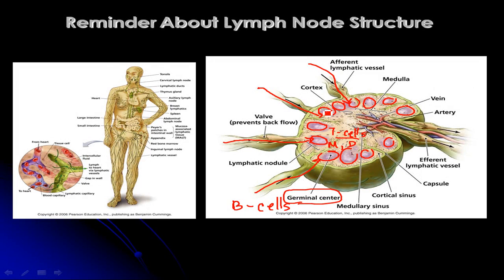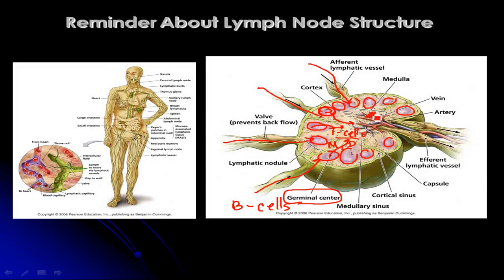Then if your B cells get activated, if they see their antigens, they're going to start migrating this way. They're going to hope to encounter T cells that have been activated by the same antigen. They're moving that way to get help from the T cells.